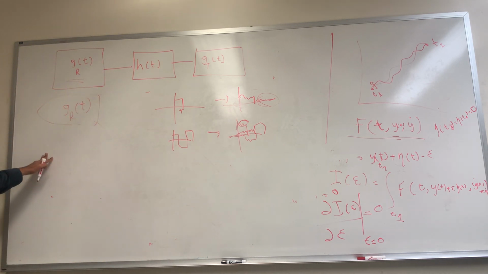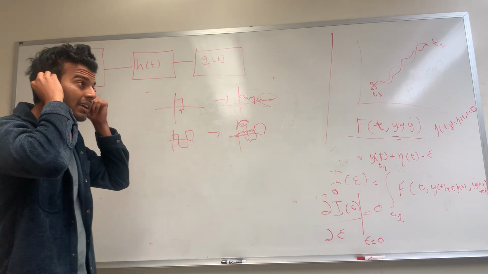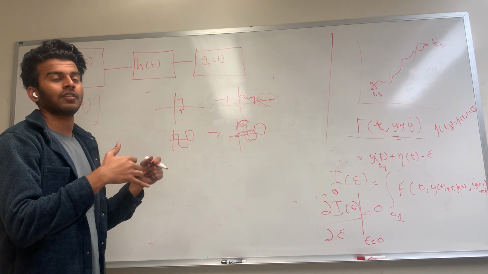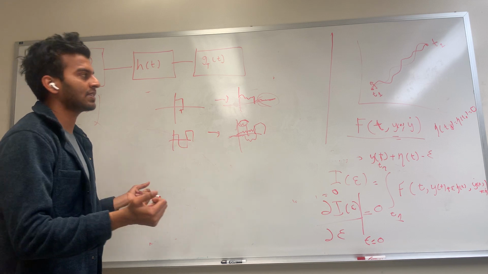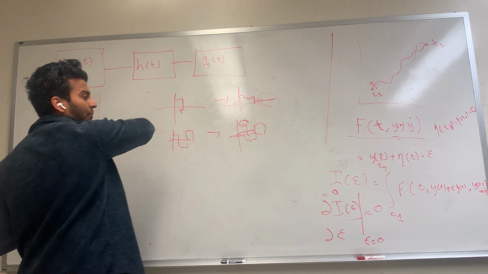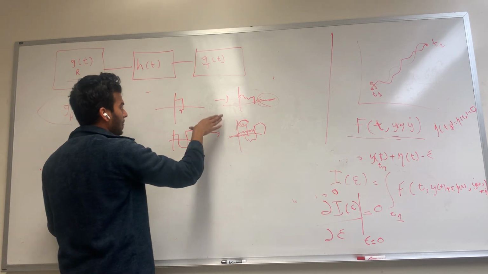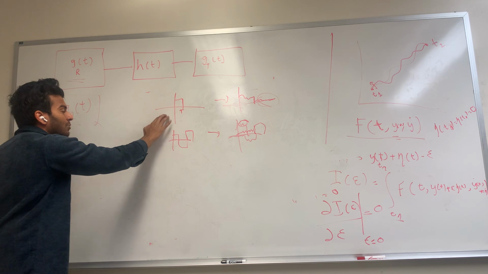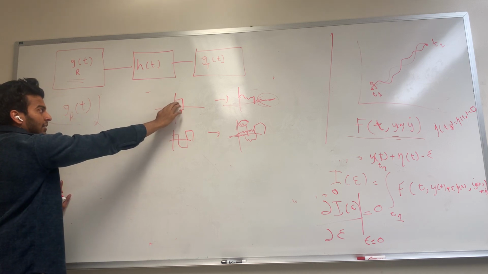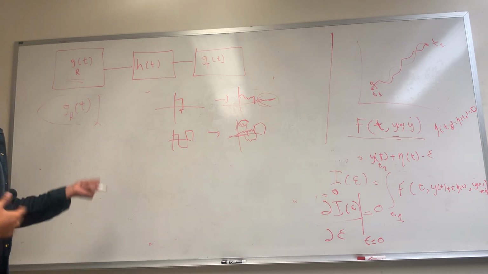In our problem, we assume that we have intersymbol interference of 2k plus 1 symbols, so k in the future and k from the past, which determine the decision that we're going to make for this pulse. So we assume the worst case.